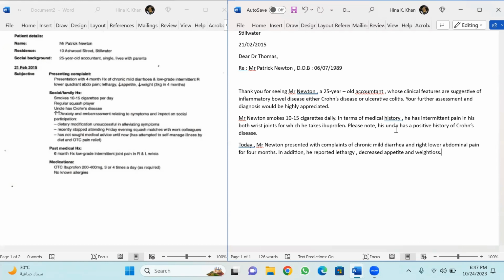Now what you can write over here is: however, dietary modifications failed to improve his symptoms and his condition hampers his social participation.